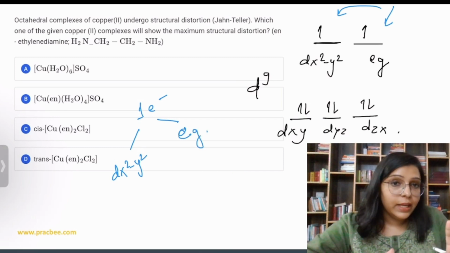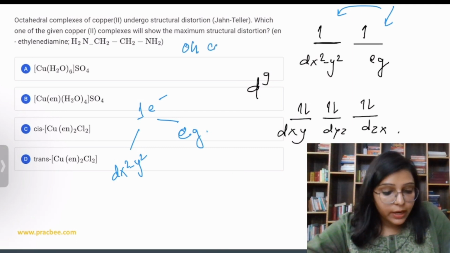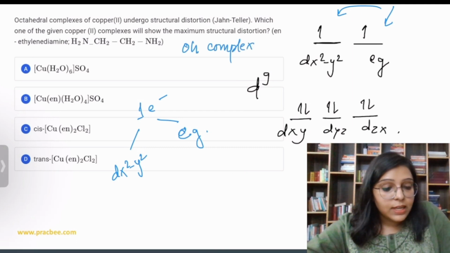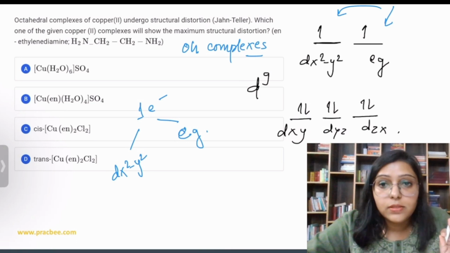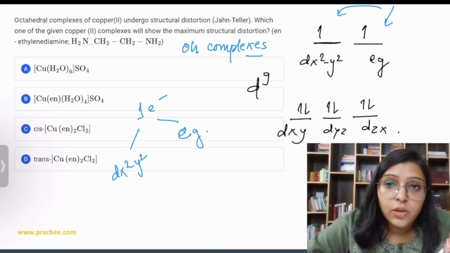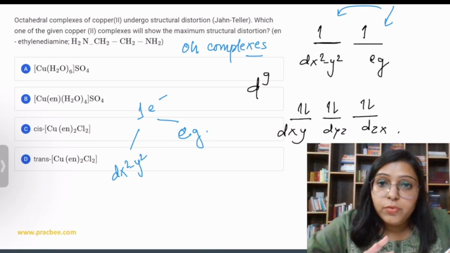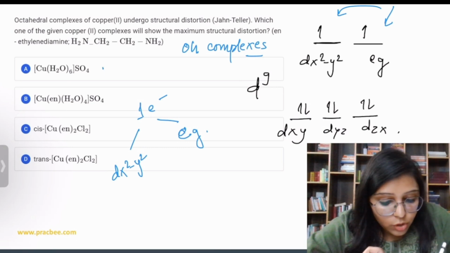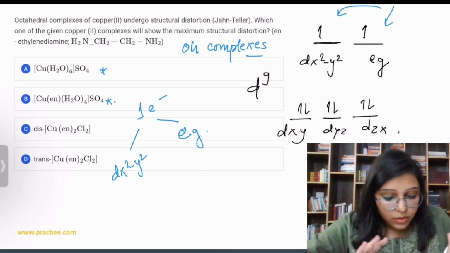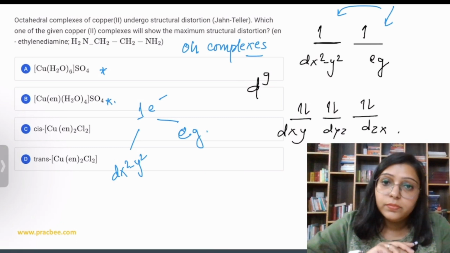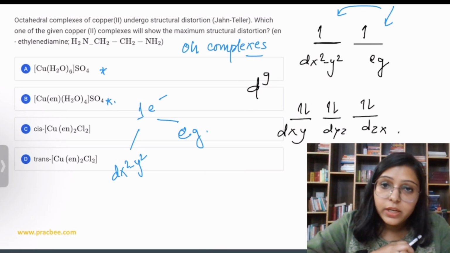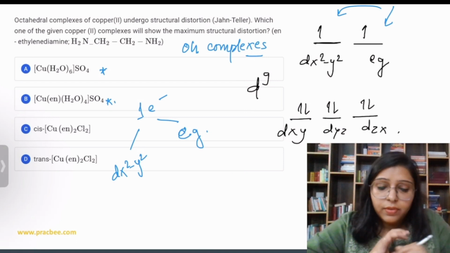So first of all, that happens in octahedral complexes. So the first task is to find out which complex is octahedral. If you see, we have two octahedral complexes in options A and B. Rest, are they octahedral? Cu(en)2Cl2, yes, that is also octahedral, and everything is octahedral.